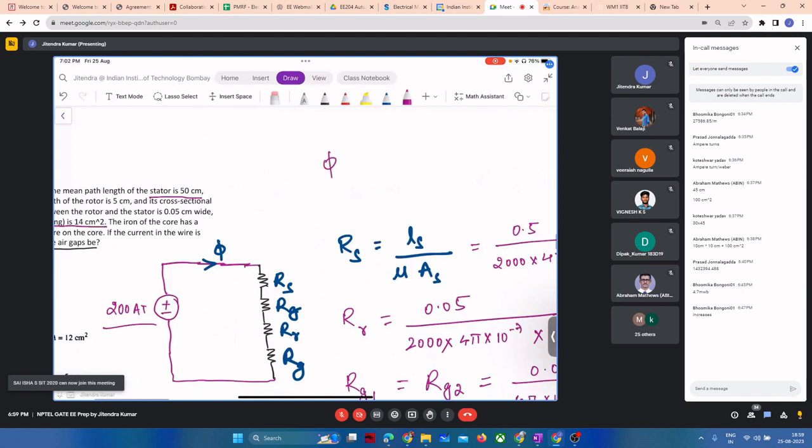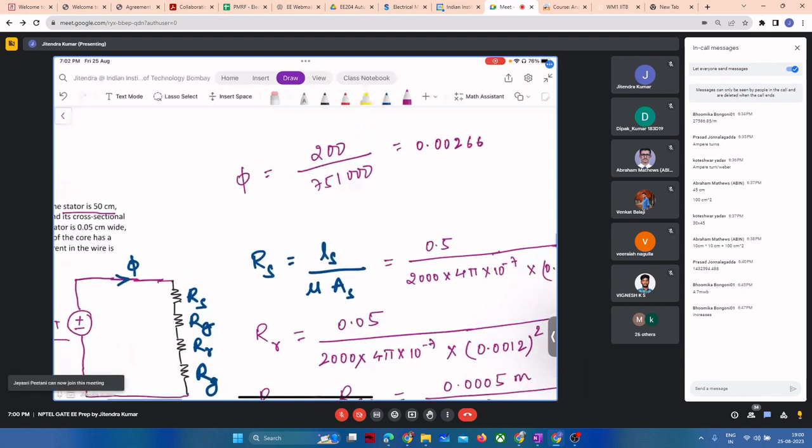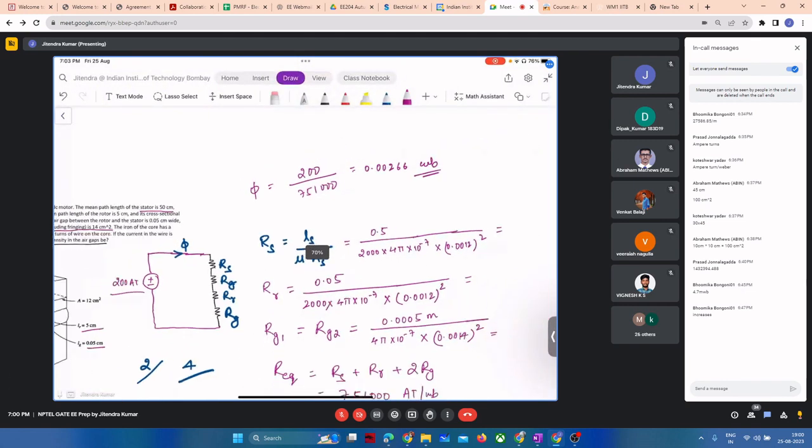So I guess we are ready to compute the flux. Flux is 200 divided by 751,000. That should come out to be 0.00266 Weber. Any doubt till now?